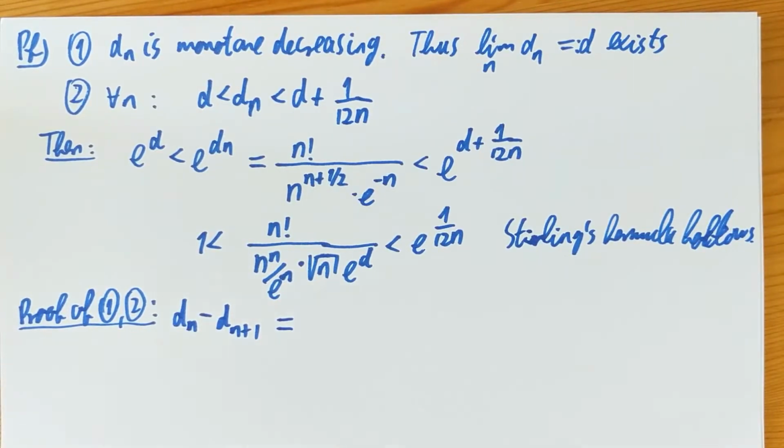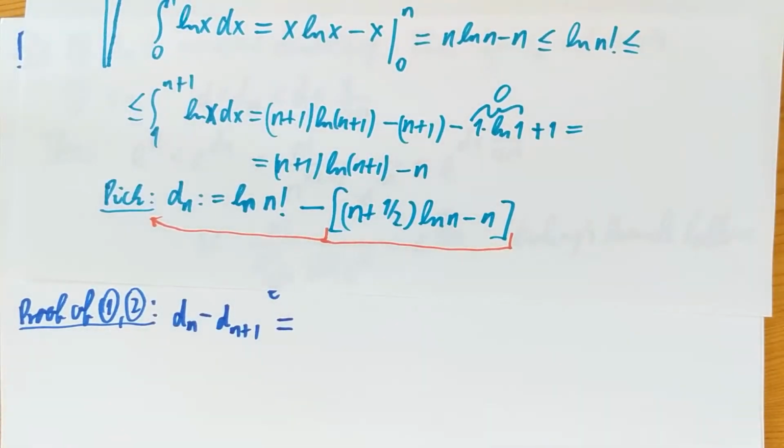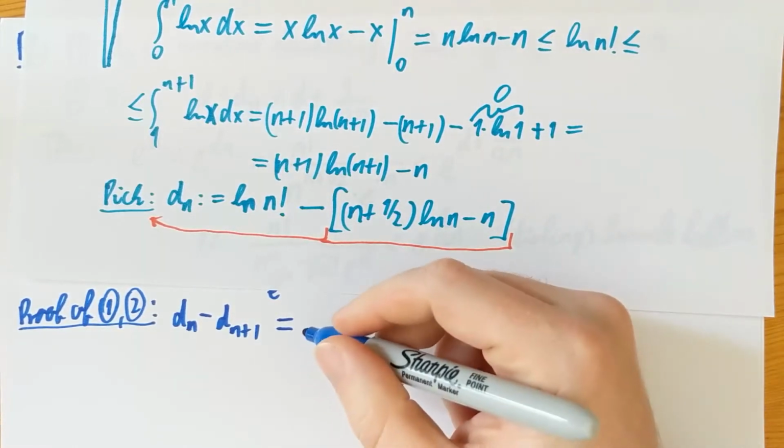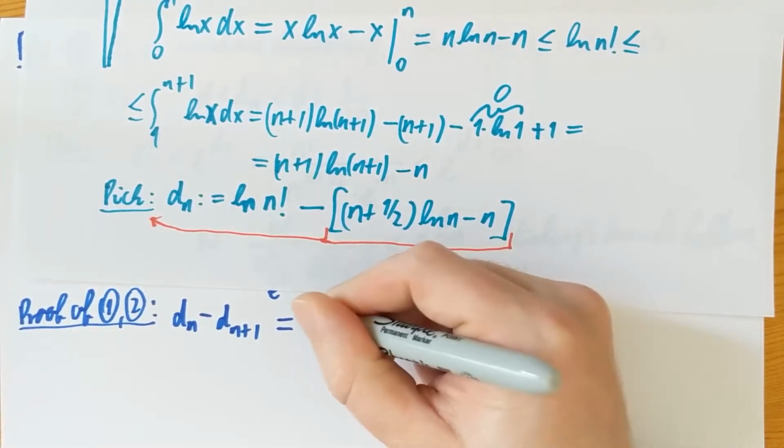The first thing to notice is, so here is dn, is that I'm going to have a log of n plus 1 factorial minus a log of n factorial, and factorials are products. The log of them is a sum, so that gives me a log of n plus 1 with a minus sign.